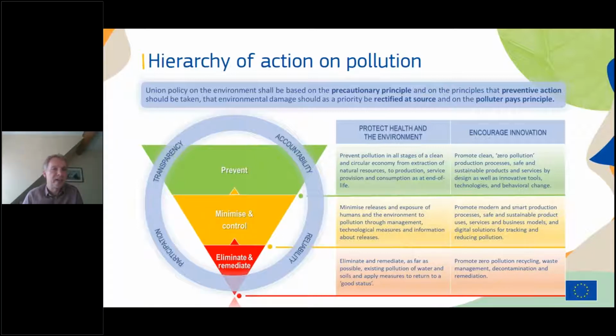And the final step, least preferred evidently, but sometimes necessary, is the elimination of pollution and the remediation. As I said, it's the least preferred step, but it is obviously still necessary in a number of cases that we continue efforts. But just to show you the hierarchy of action that I think we have to take when it comes to addressing pollution.